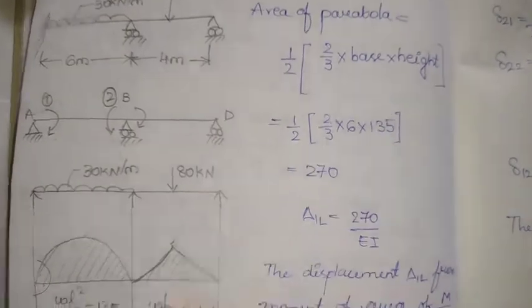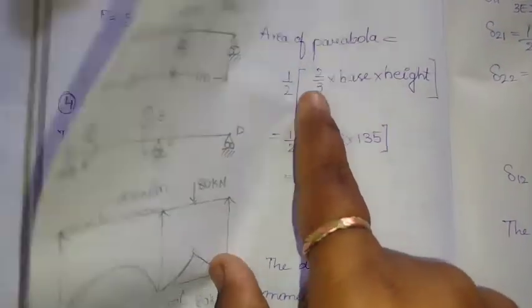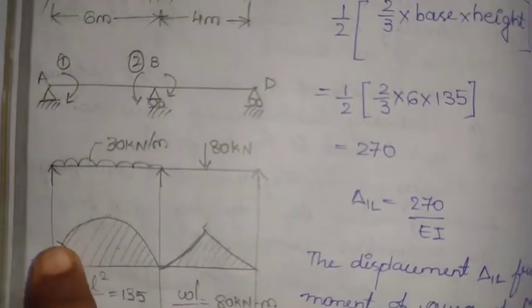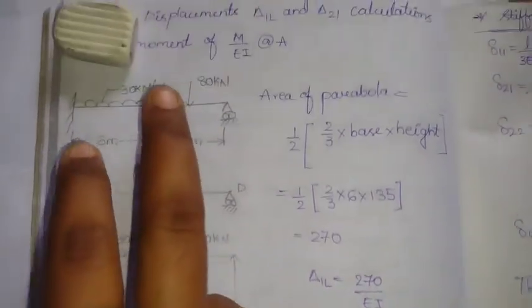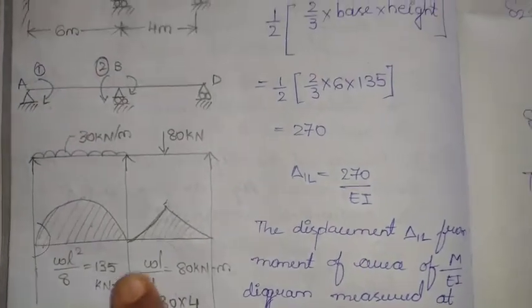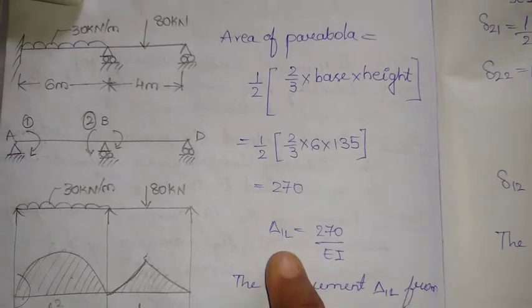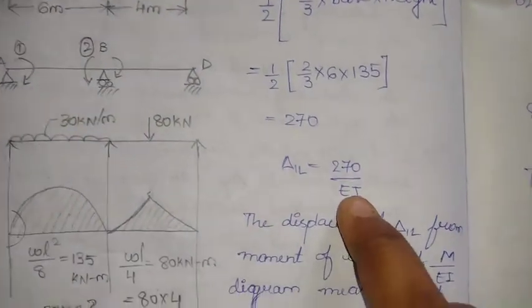We will take the centroid of this, which will be half. The area of this parabola, we know the formula, is 2/3 of base into height. The height is known, and the base is nothing but the length of the beam. So 6 into height is 135, we got this. So this is 270. Half of this, delta 1L, is equal to half of this area divided by EI.